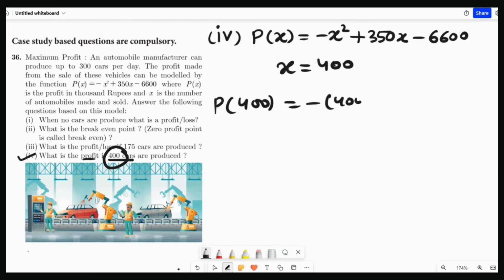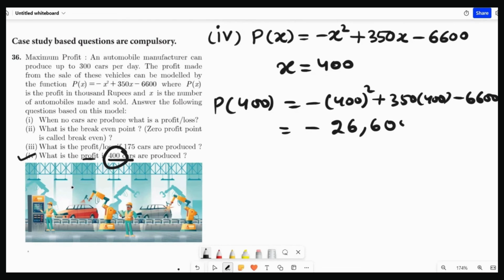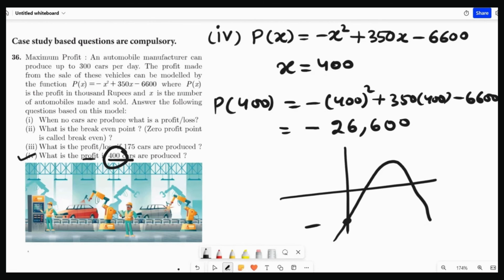Negative 400 square plus 350 times 400, minus 6,600. On solving, this gives us negative 26,600. See, the profit came out negative. The graph is already intersecting the x-axis, and the y-intercept was negative 6600.